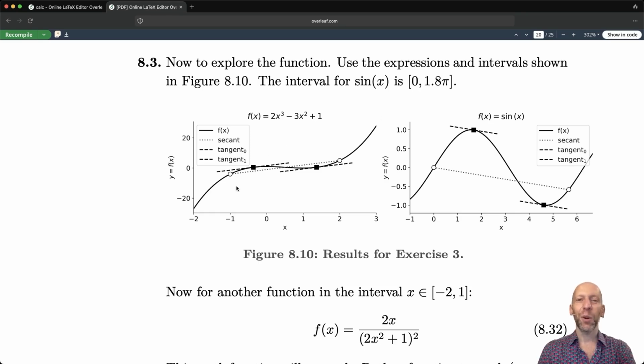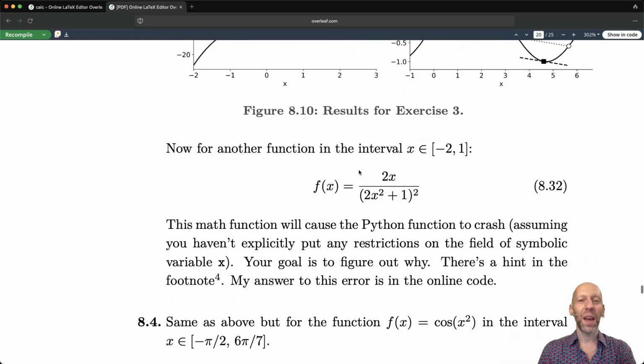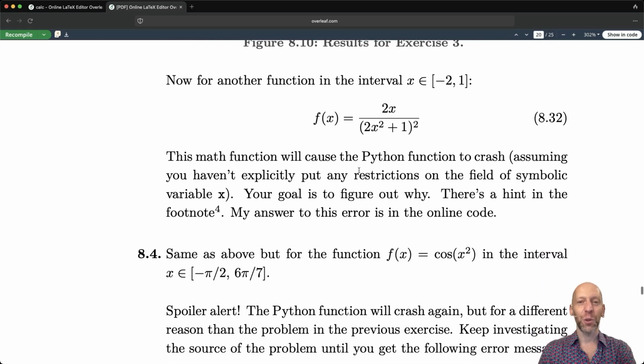And if your code from the previous 2 exercises was correct, then you should be able to produce figures that look just like this. Okay, and then the third math function to examine is this one here. So 2x divided by the quantity 2x squared plus 1, and then all of that business squared in the interval of -2 to +1.